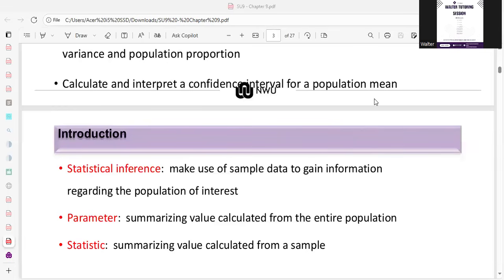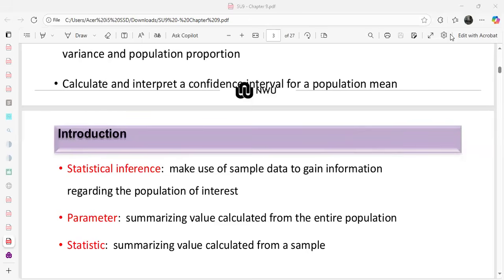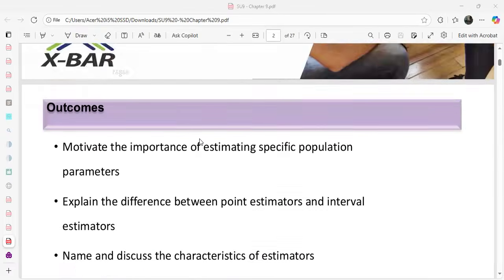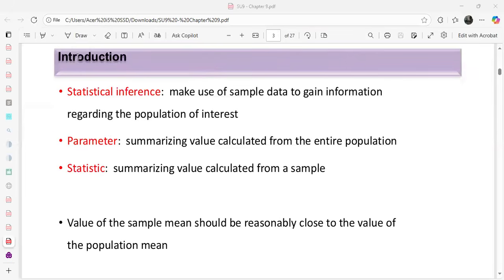Okay, so with the point and interval estimation, it's very important to make sure that you understand the definitions of a statistical inference.